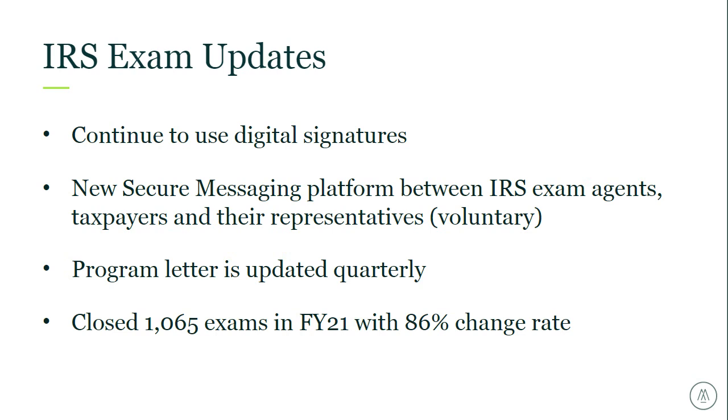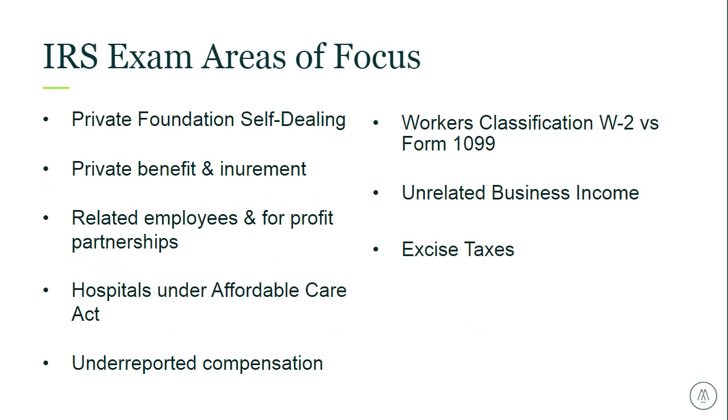So what are some areas that they are focusing on when it comes to IRS exams, and what are they looking at? Your common typical ones that we've seen over the years with regards to private foundations and self-dealing issues, private inurement and benefits, unrelated business income and worker classification, W-2 versus Form 1099, have always been hot topics.